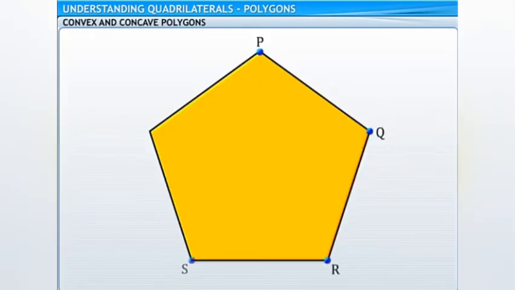So, a diagonal in a polygon is drawn connecting two non-consecutive vertices.